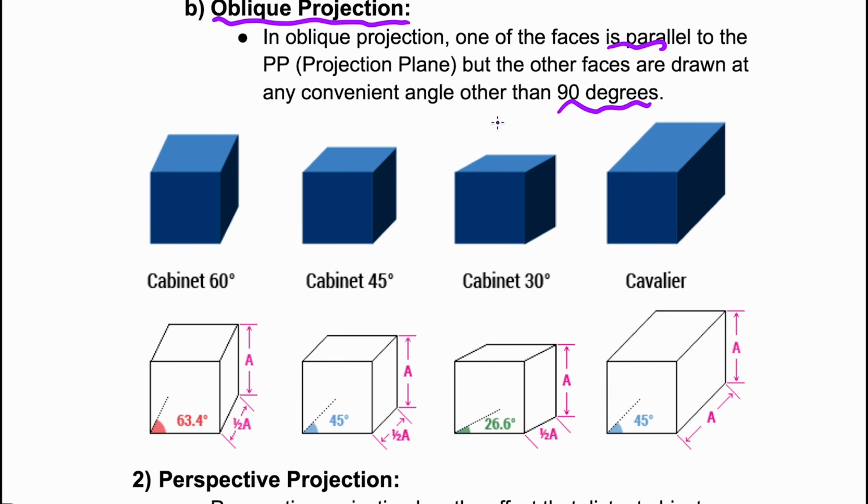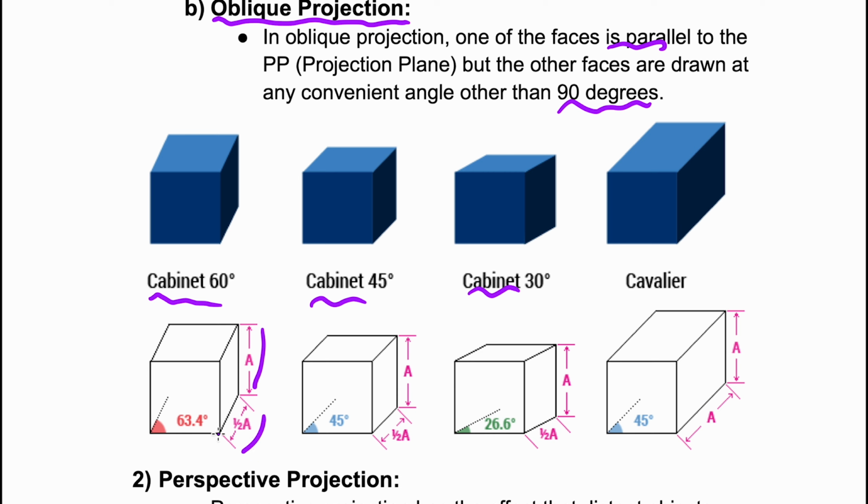So that's why the convenient angle is most likely 60 degrees, 45 degrees, or 30 degrees, depending on the usage of this projection. If you have a cabinet type of oblique projection, you're going to see that the length of the front view of the projection is twice the length of the side view.